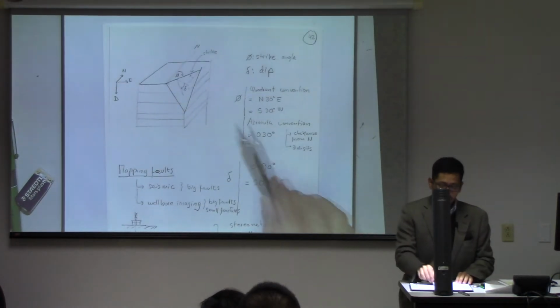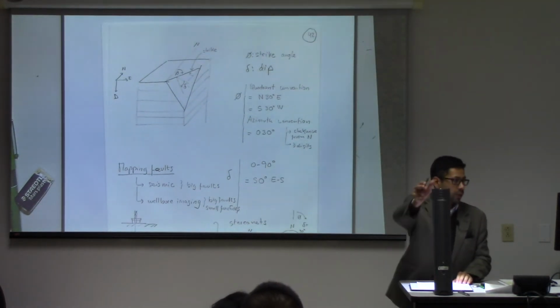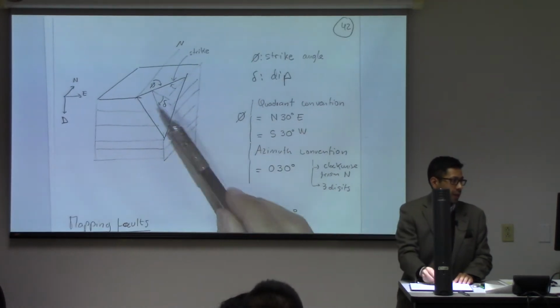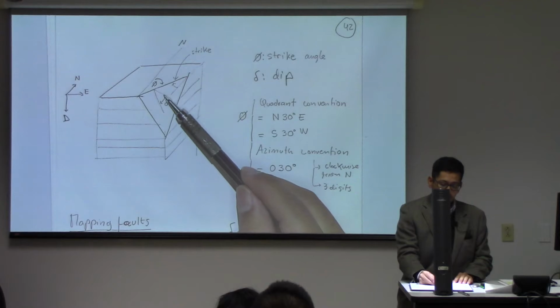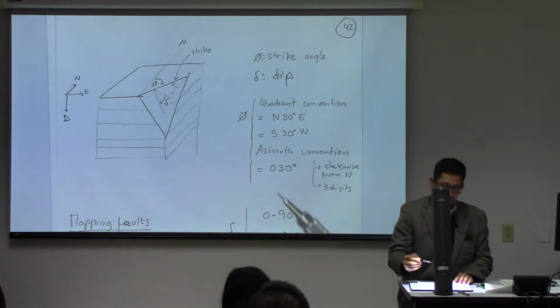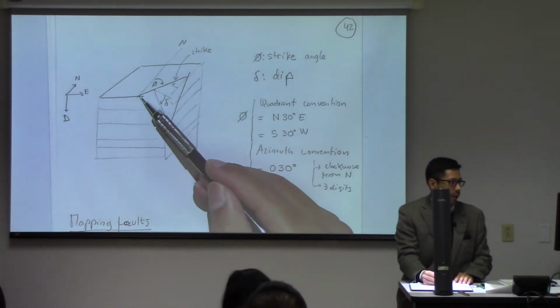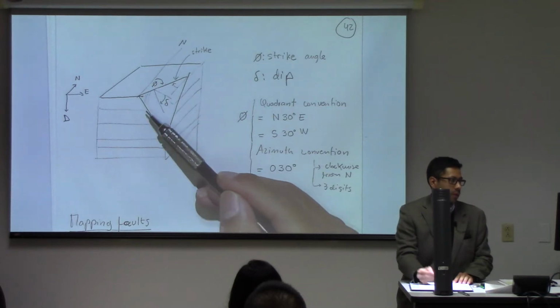If you take a look at the block diagram, this is what you see. Again, the strike, direction from the north, that angle. Dip is the angle between a horizontal plane and the plane that you're looking at, that could be a fault. That one over there.